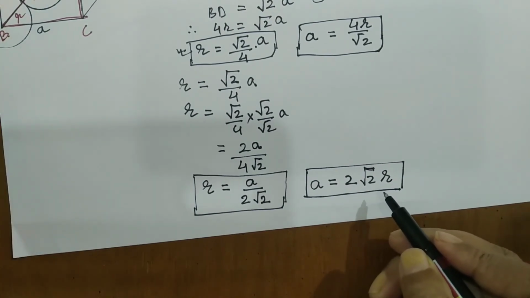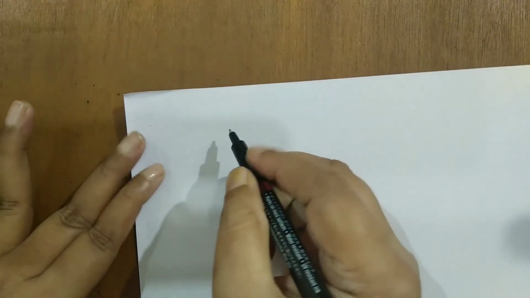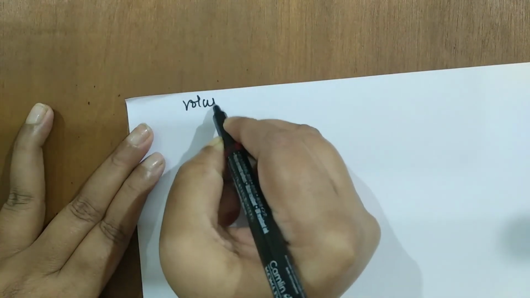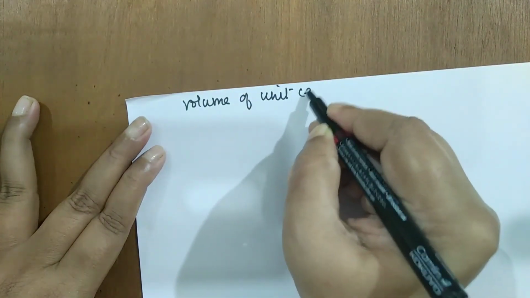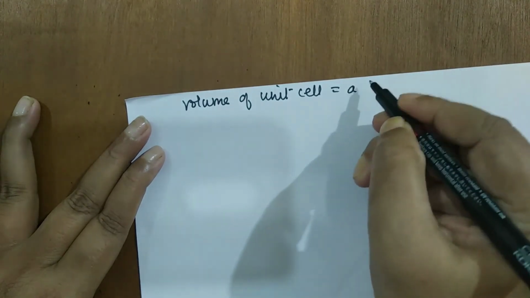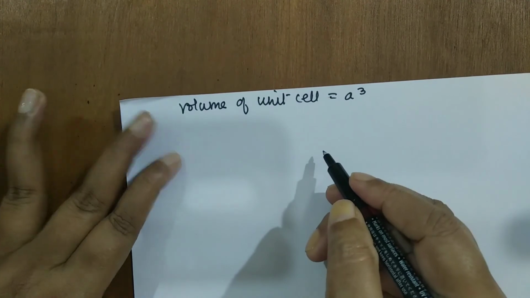Now let us move on to the packing fraction. So volume of unit cell is equal to A cube. Let us substitute the values now.